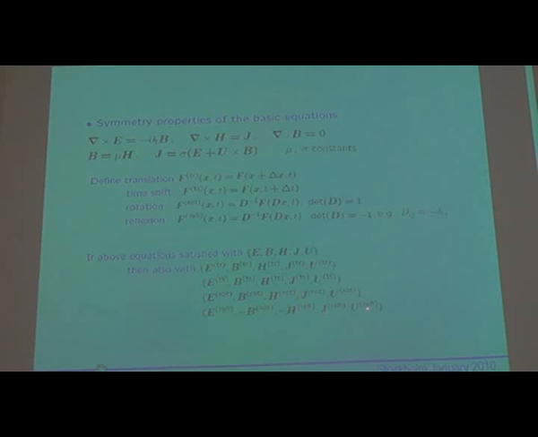They are also satisfied, which is more remarkable, with the rotated fields. They are satisfied with the reflected fields if you, in addition, put a minus sign in front of B and H. It is a simple exercise to show these properties. We will use it later.